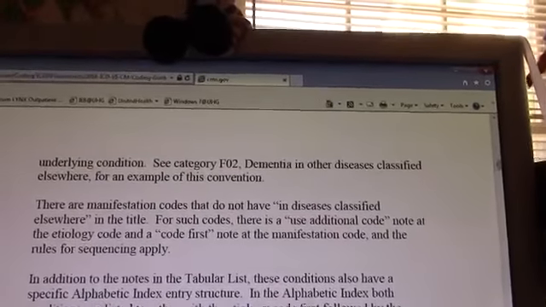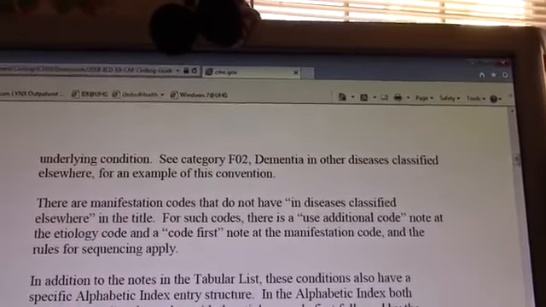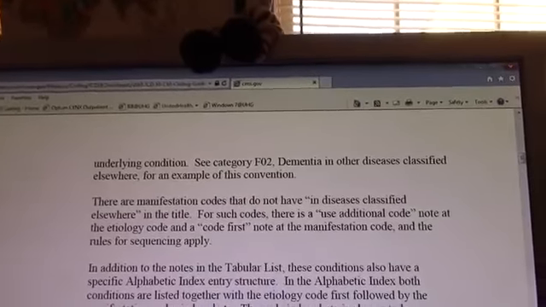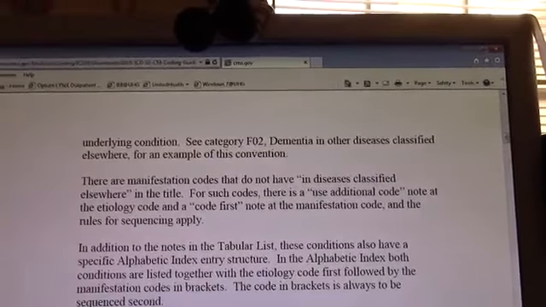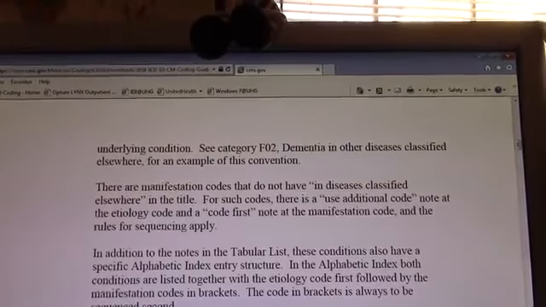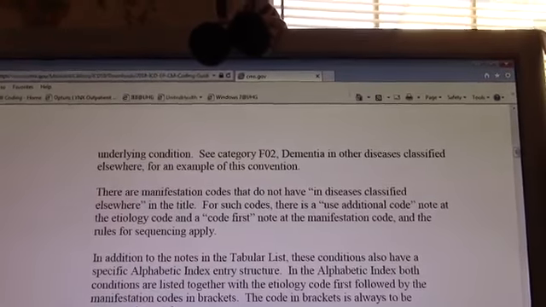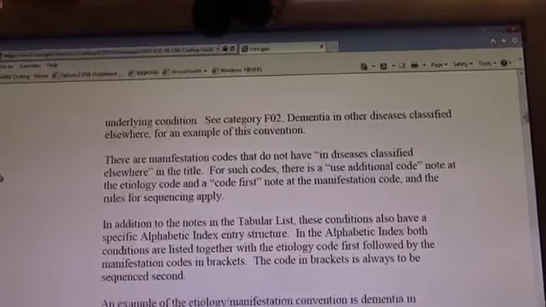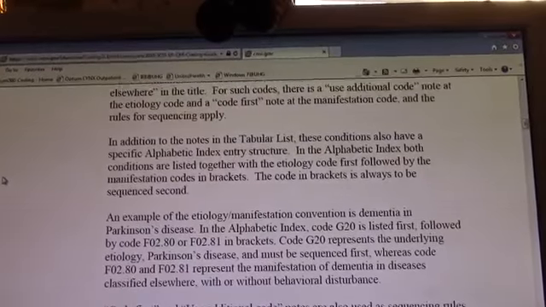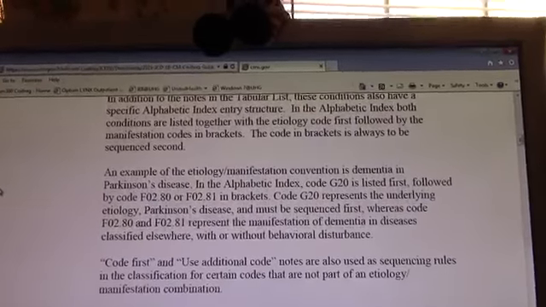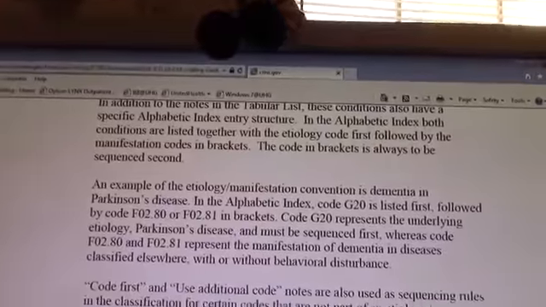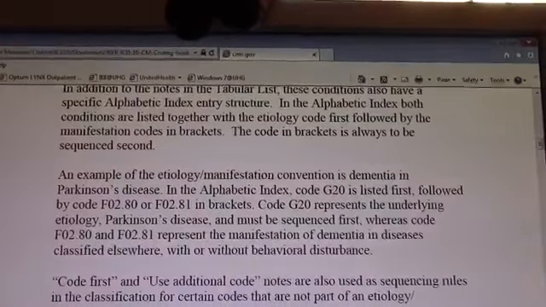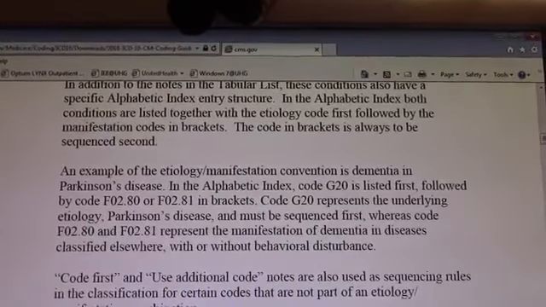Now it says there are manifestation codes that do not have "in diseases classified elsewhere" in the title. So for such, there is a use additional code note at the etiology code and a code first note at the manifestation code, and the rules for sequencing apply. It says an example of an etiology and a manifestation convention is dementia in Parkinson's disease.